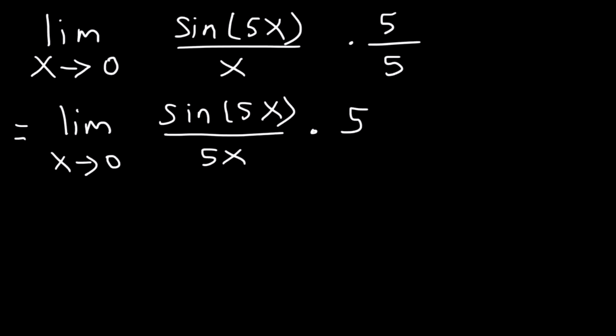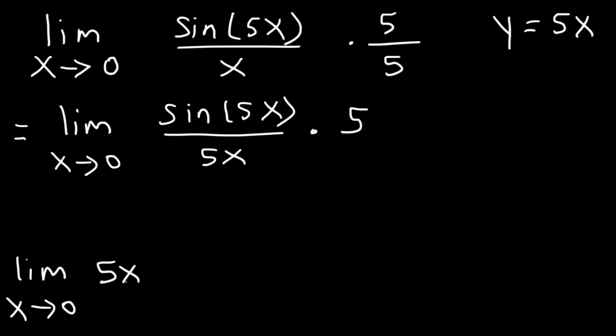Now we're going to use substitution. Let's say that y is equal to 5x. So notice that the limit as x approaches 0 of 5x is equal to 0. That's also equivalent to the limit as y approaches 0 of y.